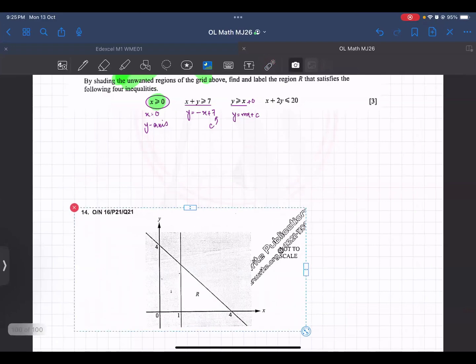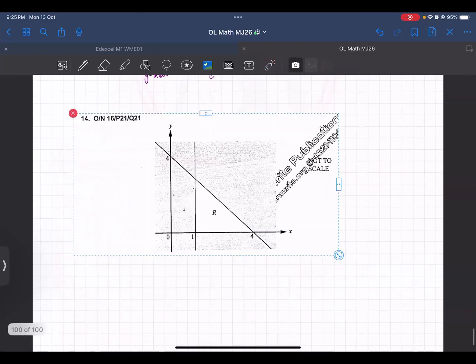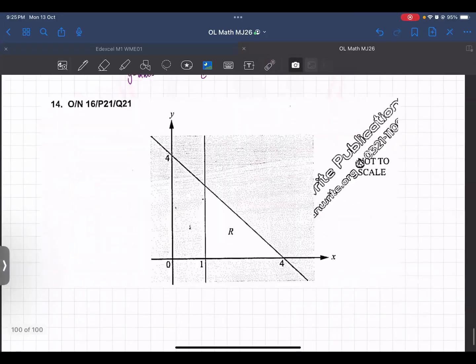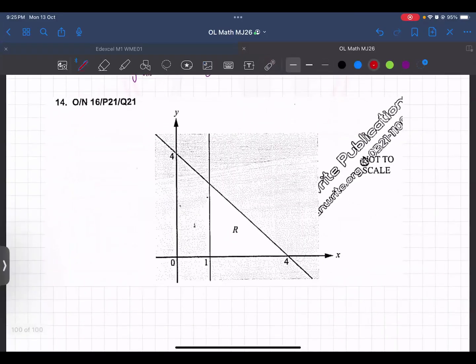It is x equals 1. Sir, but the inequality is not touching 1, right? Look, it is crossing 1. It is not exactly on the line, but they would write the one exactly on the line. So this is what they labeled for you. So this line is the line that you need because the shaded part is to the right side.